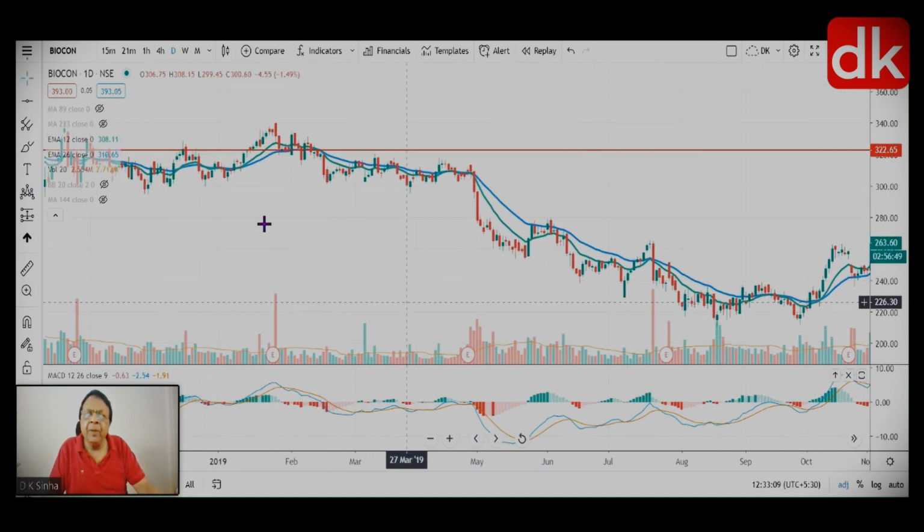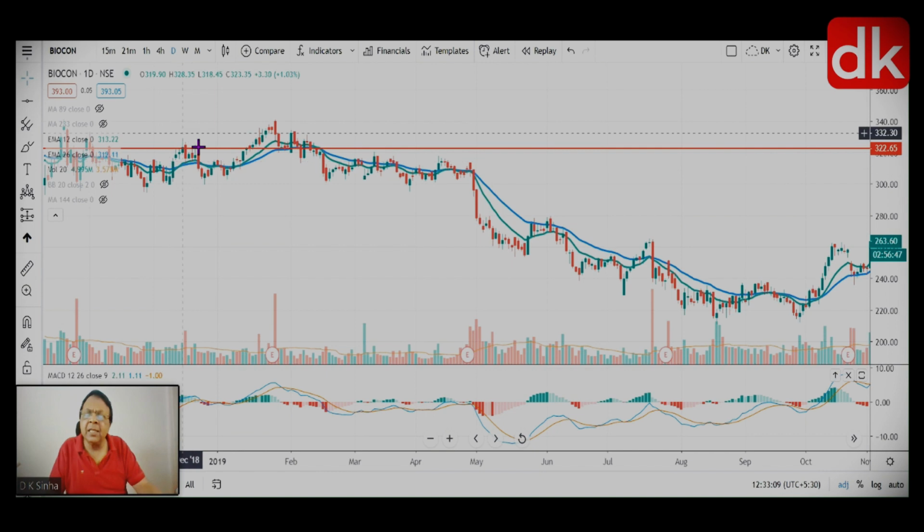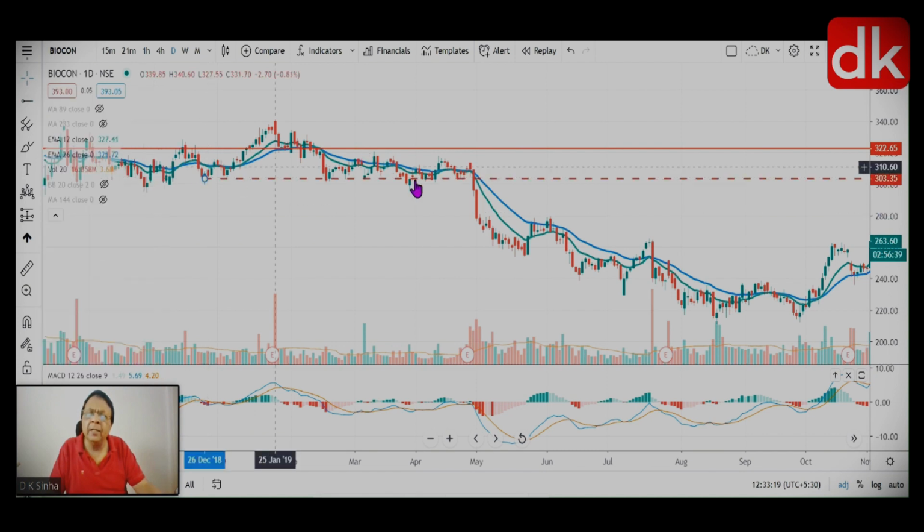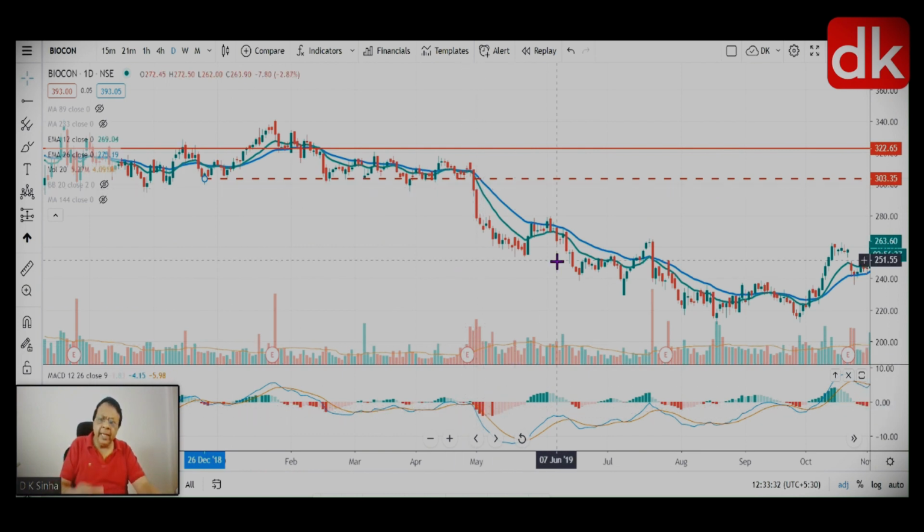So we can see here, the price has made a head and shoulder kind of formation. I will draw a line to explain you. If I join this line, what it indicates, this is a left shoulder, head, right shoulder, breakdown, and if you see here, there is a cross under, the histogram is getting formed below the zero line in a red color.